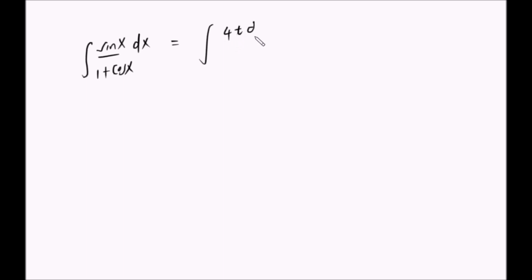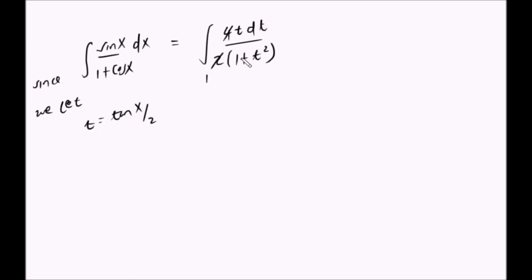So hapa ni 4t dt over 2 times 1 plus t squared. So 2 itakufa. So hapa tabaki na 2t dt over 1 plus t squared.